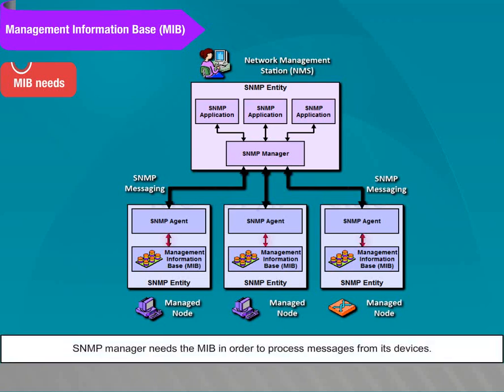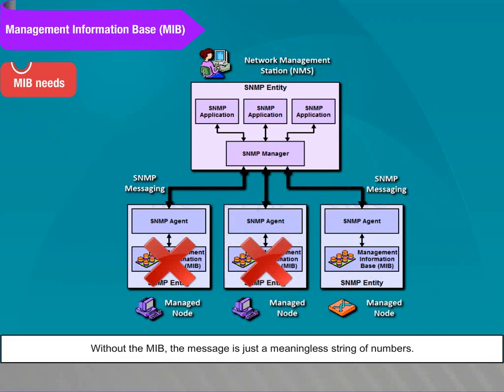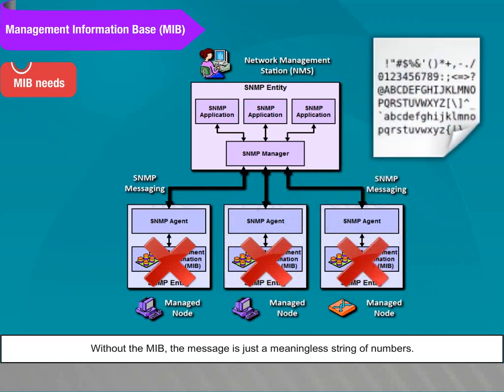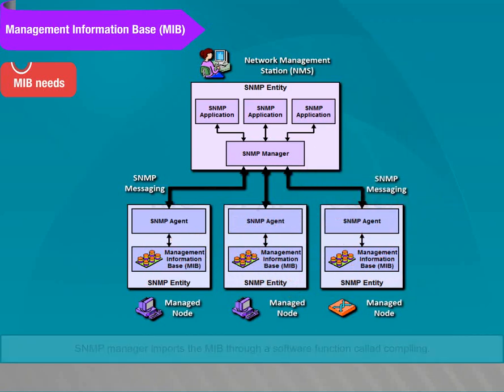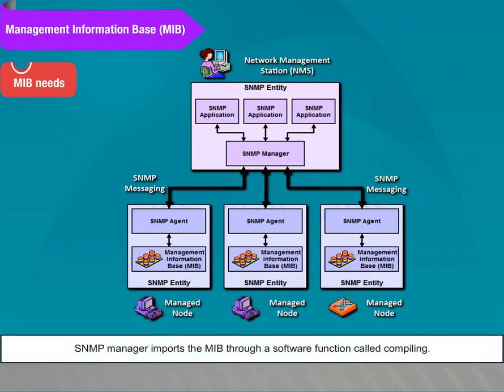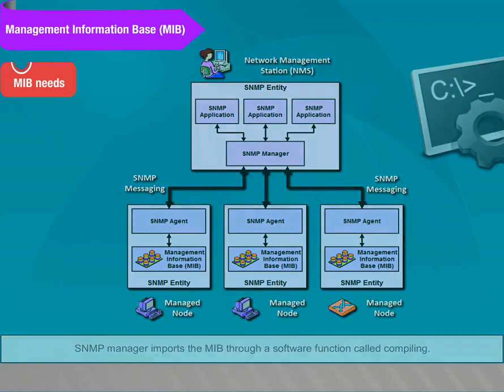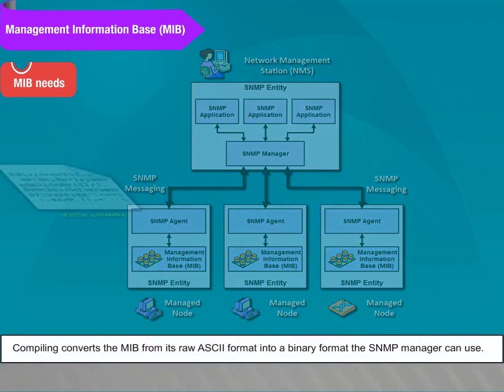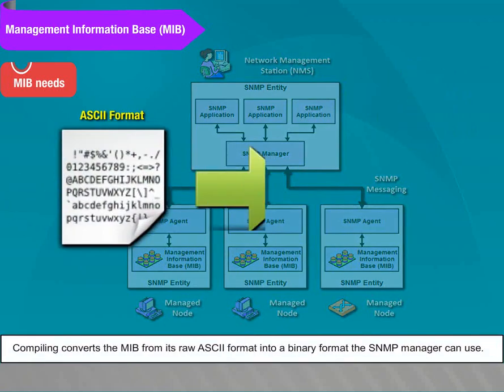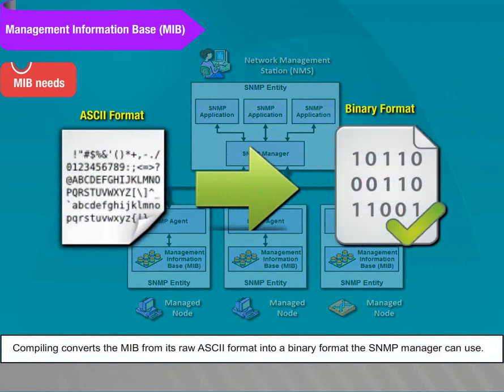The SNMP Manager needs the MIB in order to process messages from its devices. Without the MIB, the message is just a meaningless string of numbers. The SNMP Manager imports the MIB through a software function called compiling. Compiling converts the MIB from its raw ASCII format into a binary format the SNMP Manager can use.